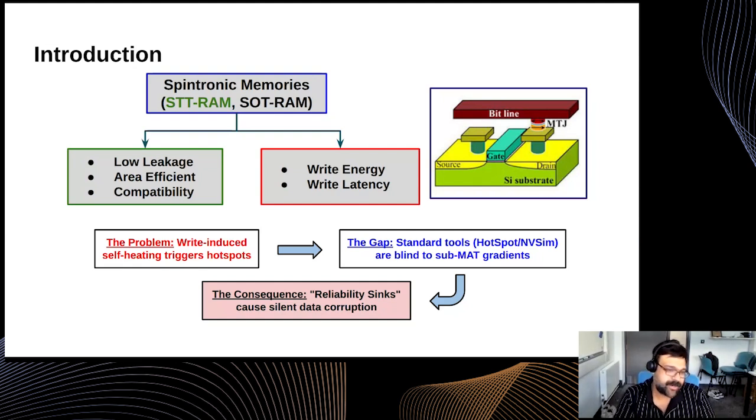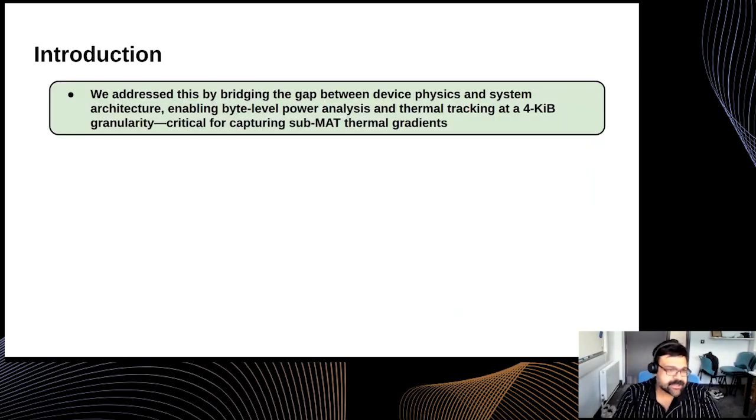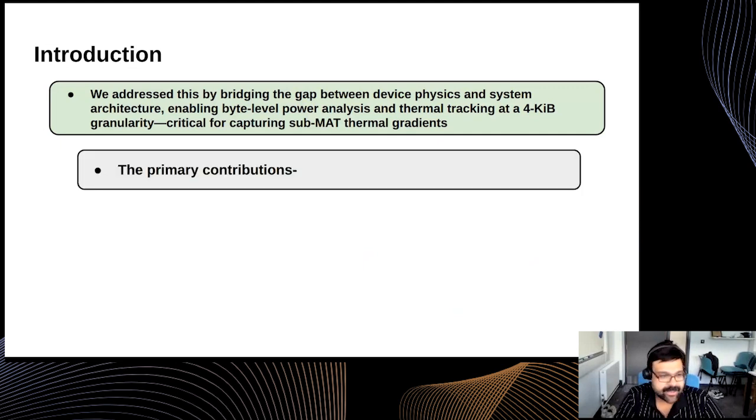And once you have high temperature in these spintronic memories, they will compromise the magnetization or other non-volatile properties. As a result, you can have a high probability of read disturbance errors or bit flipping errors. So we have started addressing this by bridging the gap between device physics and system architecture, enabling byte-level power analysis and thermal tracking at 4 KB granularity, which is required for capturing the submat thermal gradients.